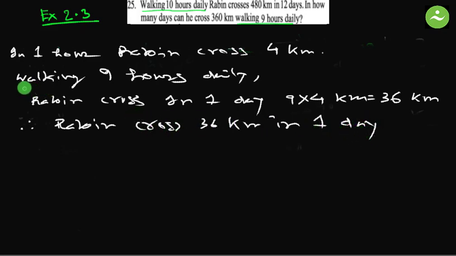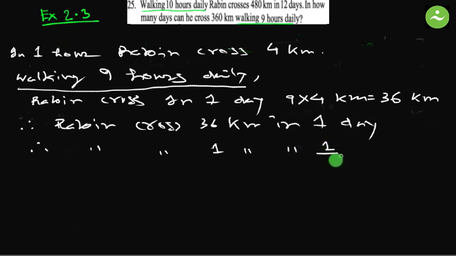This is when walking 9 hours daily. Therefore, Robin crossed 1 kilometer in, it will be less.